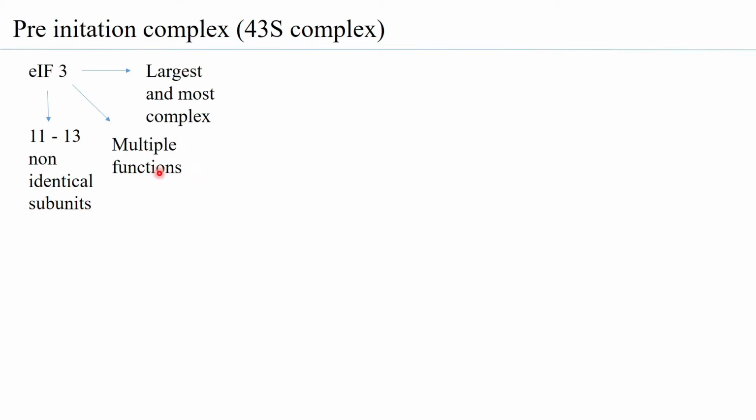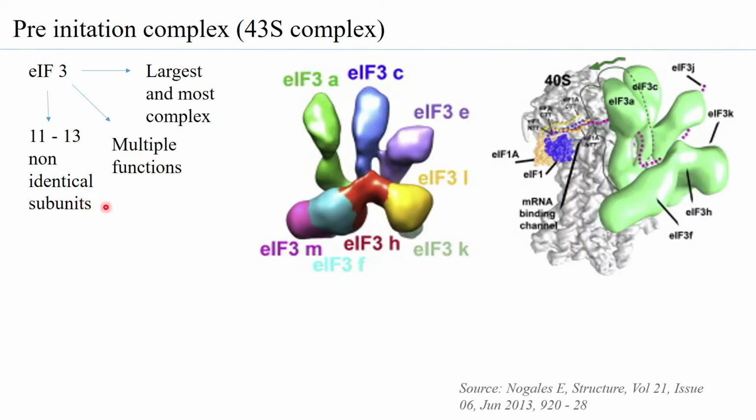What are the functions that are involved? And let us look at how you have the 11 to 13 non-identical subunits. So EIF3A, B, C, D to M is what the different subunits are. And what has been observed is that out of the 13 non-identical subunits, 8 of them form a very characteristic shape, as you can see over here.